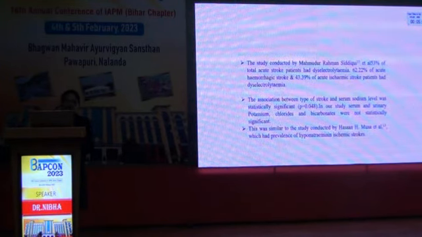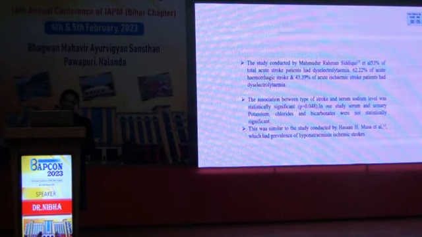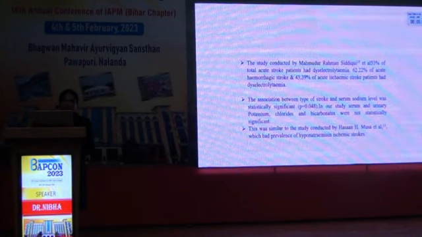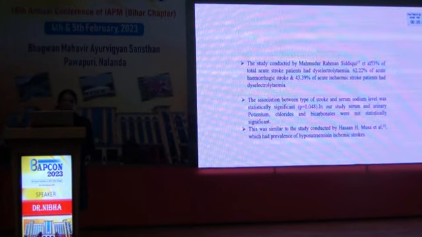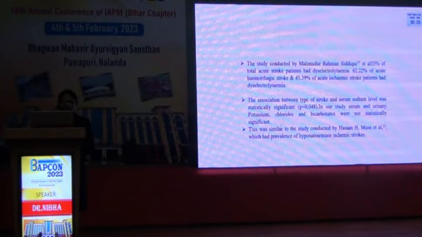The study conducted by Mudar R. Siddiqui found that of total acute stroke patients who had dyselectrolemia, 62.2% were acute hemorrhagic stroke and 43.3% were acute ischemic stroke patients. Association between the type of stroke and the serum sodium level was statistically significant.